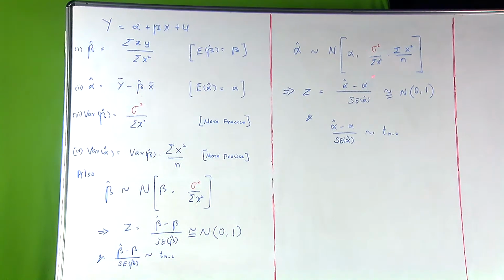So, to apply these properties for statistical inference, it is important to derive the unbiased estimator of sigma square. So we are going to see how this estimator could be derived. We are going to see the unbiased estimator of sigma square now.